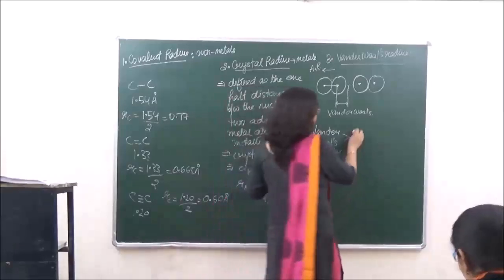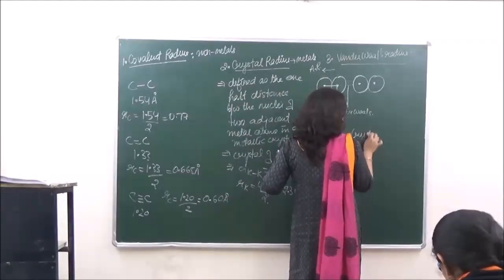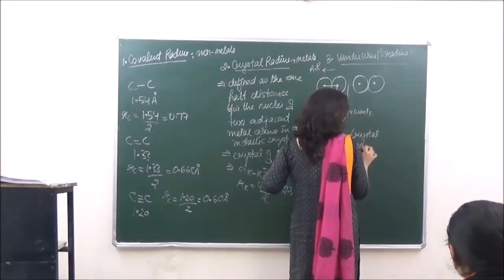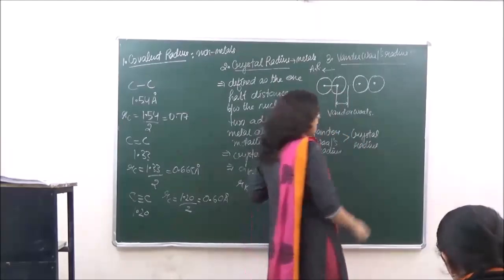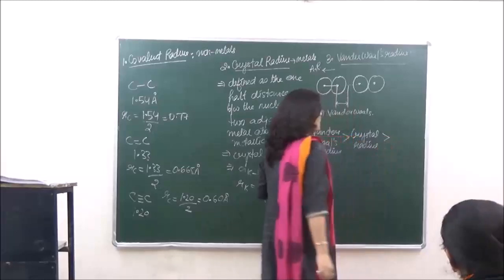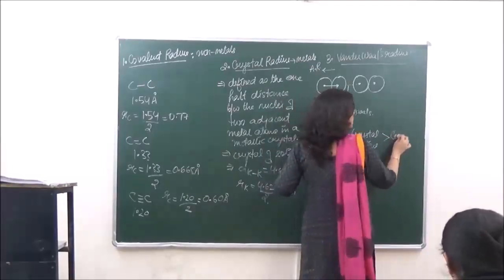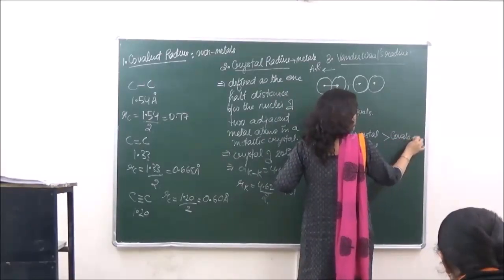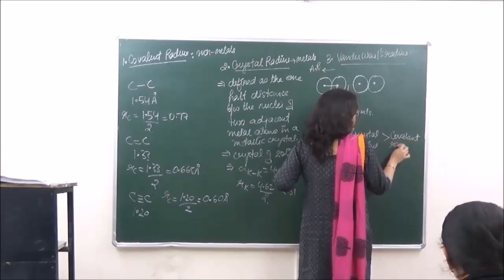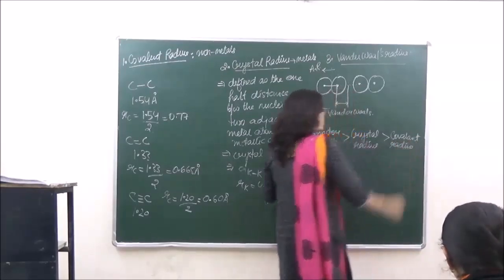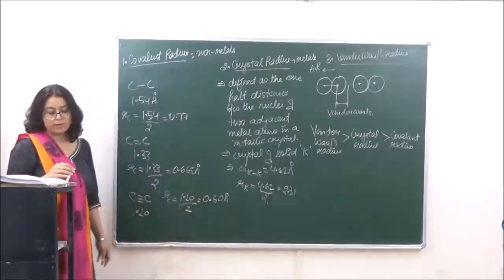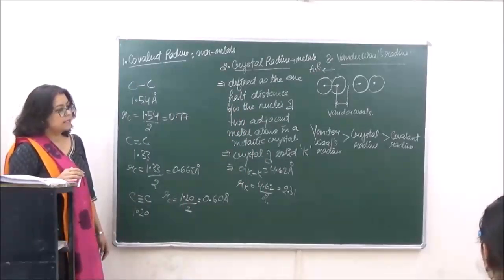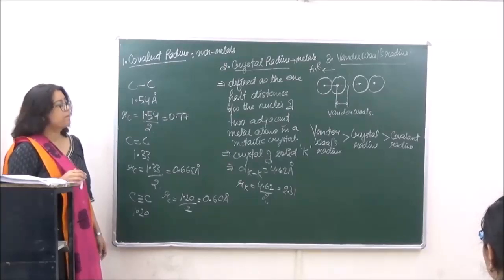Then after that is the crystal radius, and after that is the covalent radius. So the covalent radius is the smallest amongst all. Okay? Clear?